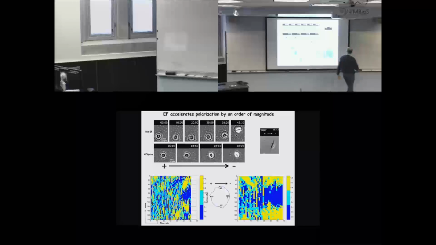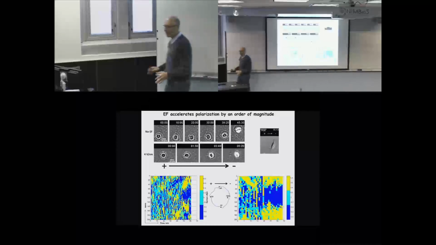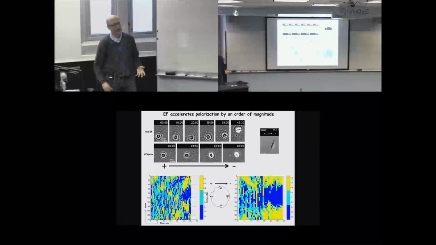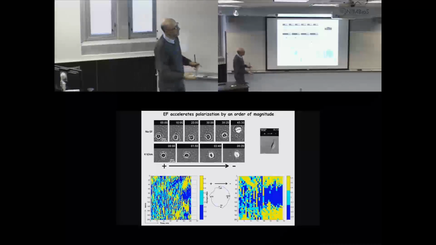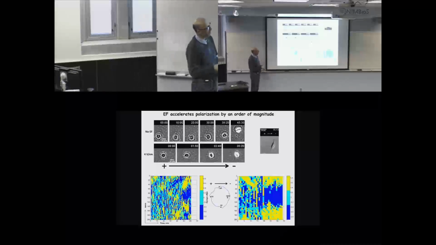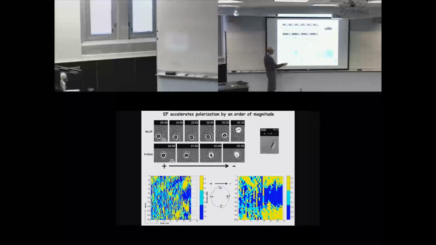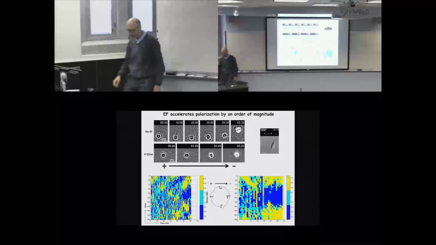What's happening in electric field is that immediately all the retraction is polarized to the anodal side of the cell and protrusion is polarized to the cathodal side. So the hypothesis would be that it's exactly the same mechanism of polarization. It's simply that electric field somehow triggers signal transduction inside the cell, which polarizes protrusion and retraction to opposite sides of the cell.